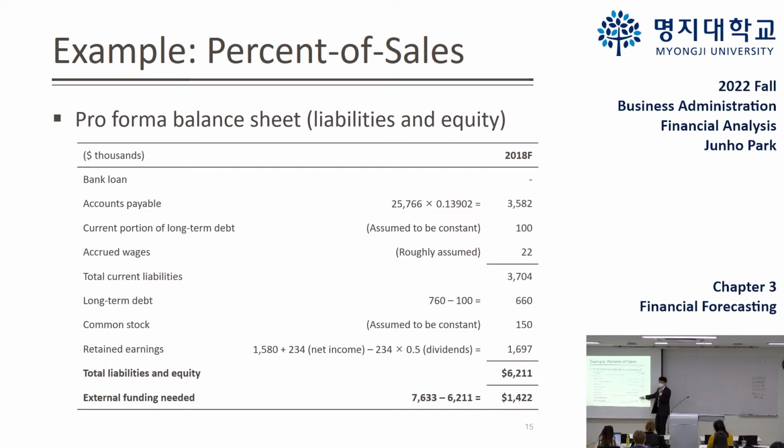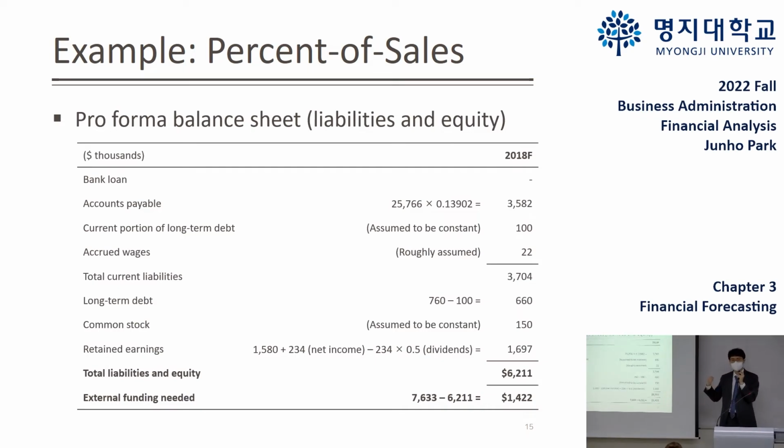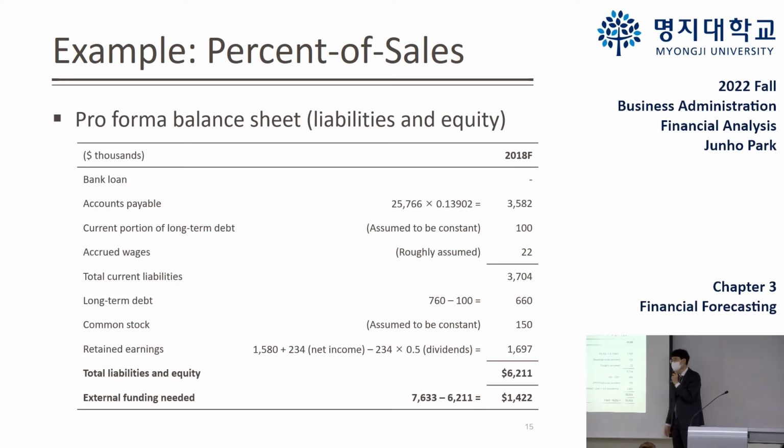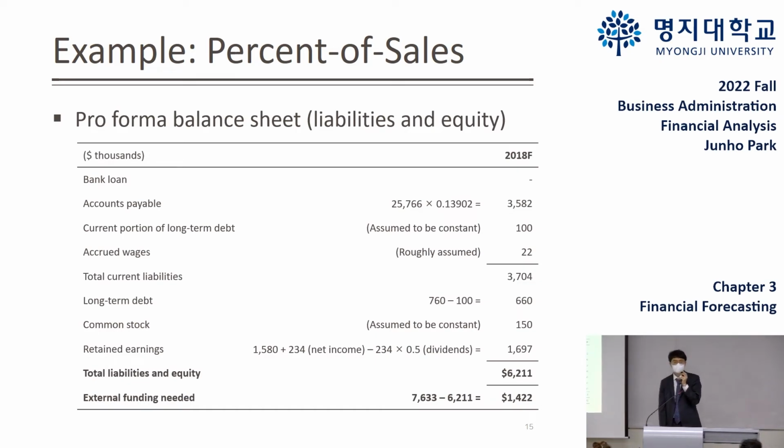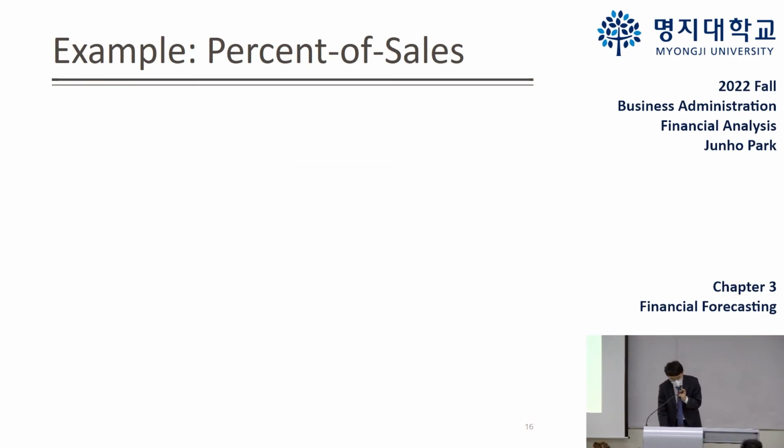So that is the internal funding that you can have this year. However, it is not sufficient for this firm. So as a result, the firm needs an additional $1,422 outside the firm, and one choice was the bank.